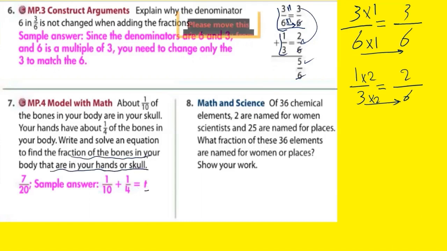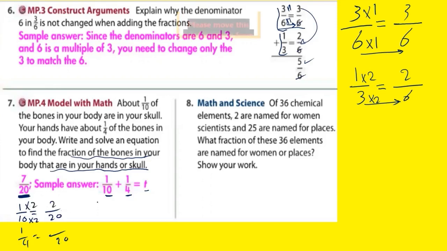To get the addition here, you have to make 10 and 4 have a common multiple. We found the common multiple equals 20. So I need to change 1 over 10 to be what over 20, and 1 over 4 to be what over 20. 1 over 10, if we multiply 10 to be 20, it will be multiplied by 2.